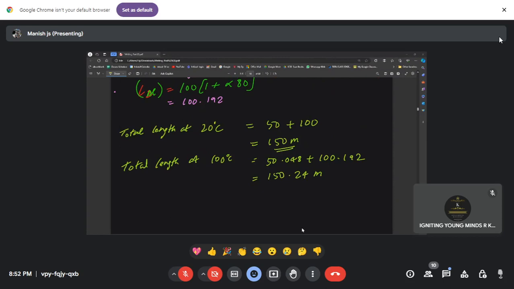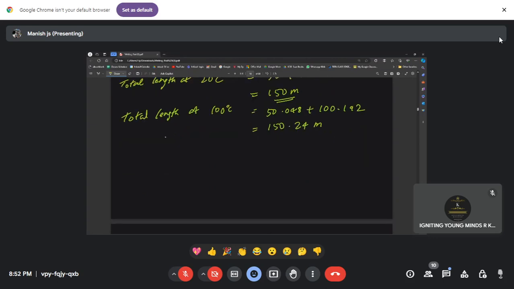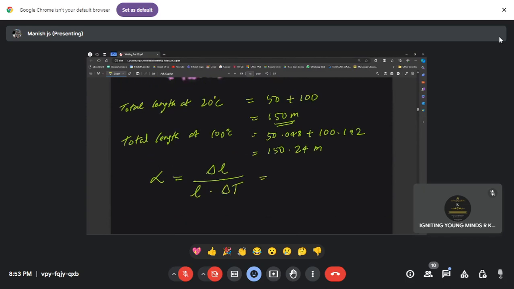So once you have found the total length at 100 degrees Celsius, you can find the average value of the coefficient of linear expansion of the entire system. Simple. For that we need to find the change in length. The coefficient of linear expansion is nothing but change in length upon the total length times delta T. What is the change in length, children?